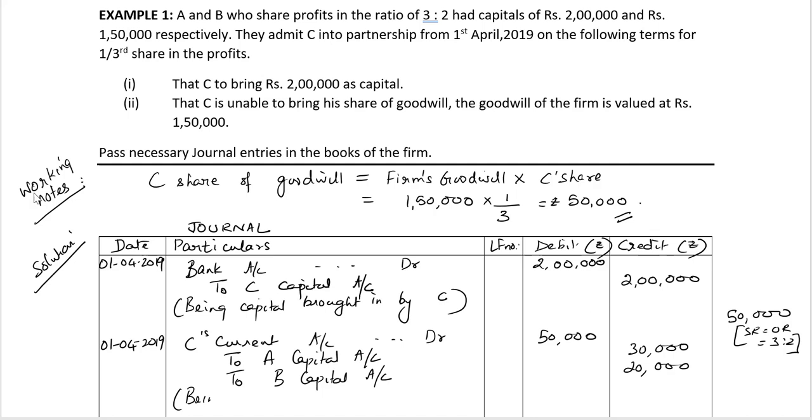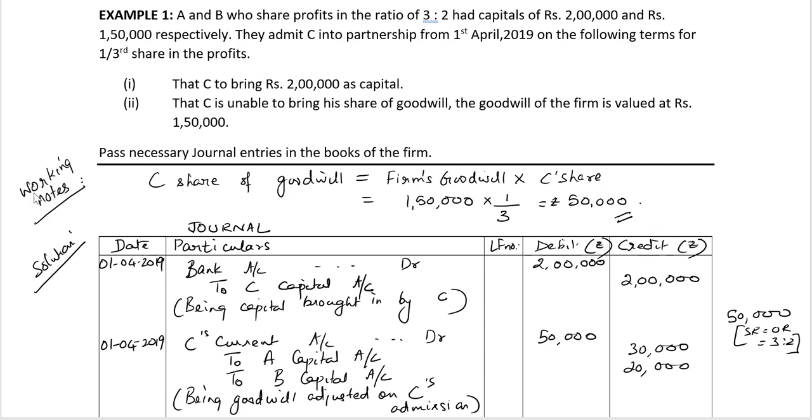Being goodwill adjusted on C's admission. So these are the journal entries to be passed when the incoming partner is unable to bring in his share of goodwill premium.